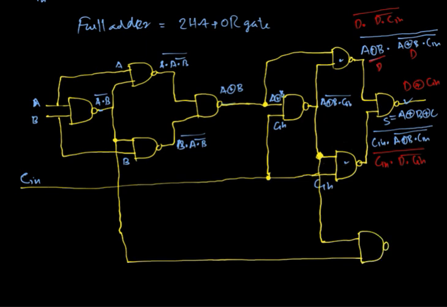Let's see what will be the output. So the inputs of this NAND gate are A and B, all complement, is given to a NAND gate. The other input is A XOR B ANDed with C in, all complement.